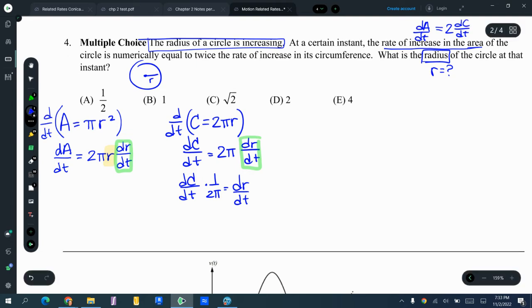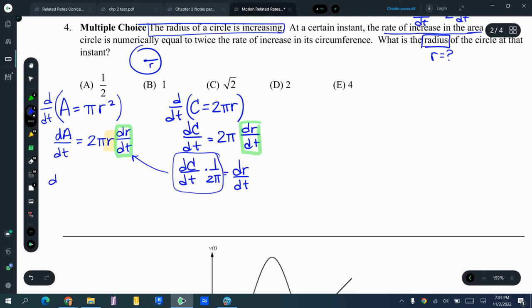So I'm going to take this and replace it into my dr/dt. So I've got dA/dt is going to equal 2 times pi times r. Remember, that's what I'm looking for. That's good. And then times dC/dt times 1 over 2 pi. Now let's see if that helps us out at all.